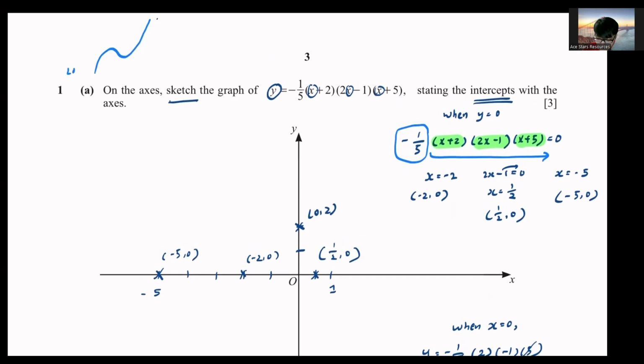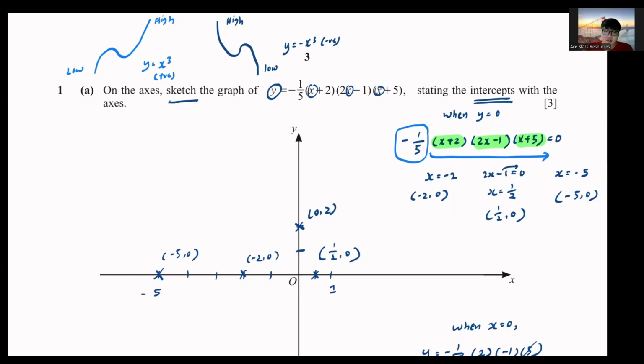It's going from low to high when the x cubed is positive. But if it's the other way around, if your cubic is negative, it's going from high to low. Please remember this pattern. So now you know how the graph should look.